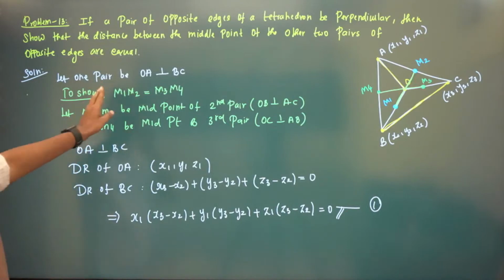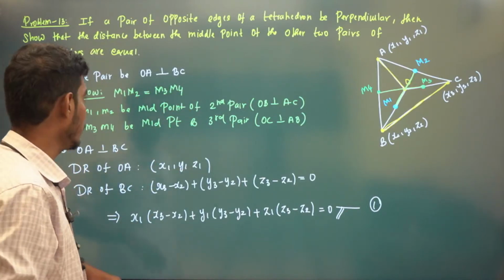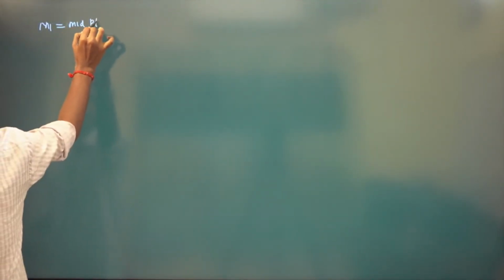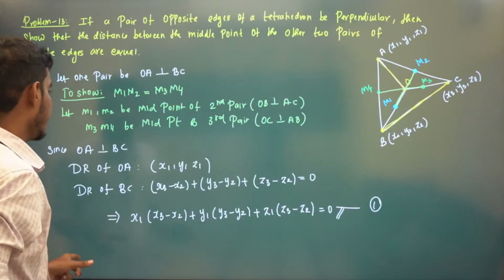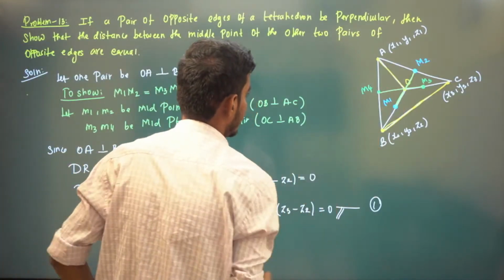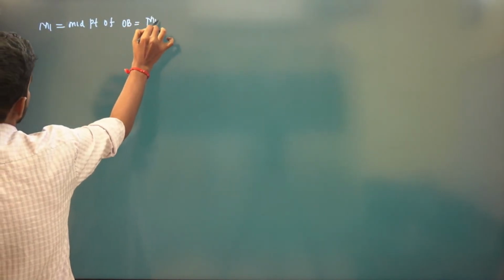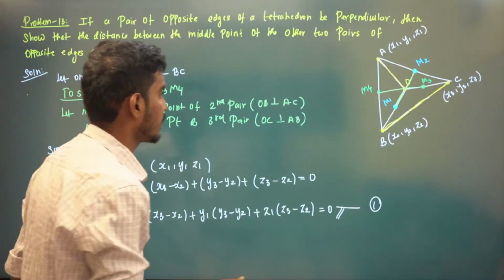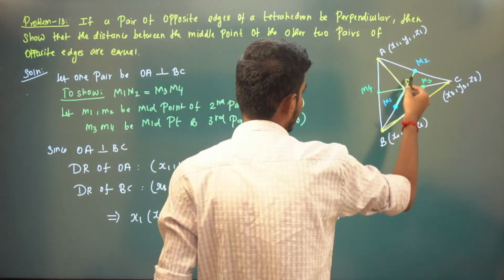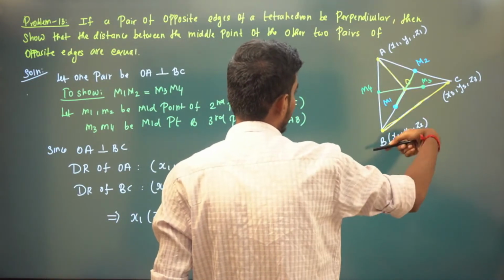Now we need to show m1 m2 is the same as m3 m4. Now what is m1? M1 is the midpoint of OB. What is the midpoint formula? So for OB, it is (x1 plus x2) by 2, (y1 plus y2) by 2, (z1 plus z2) by 2.